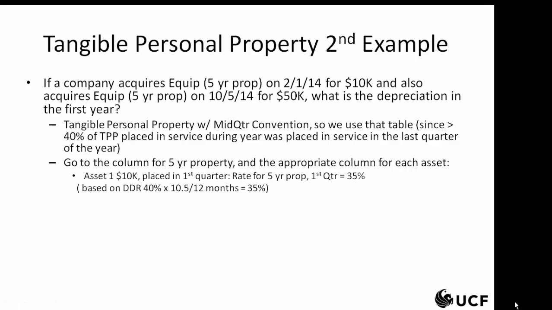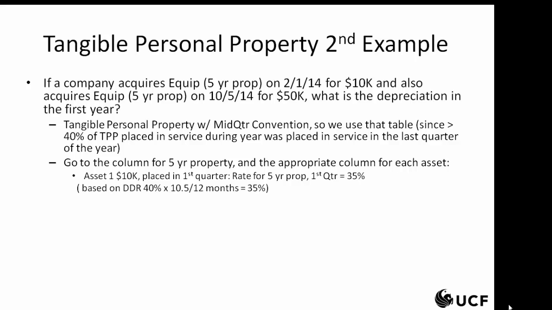For asset 1, the $10,000 asset, which was placed in the first quarter, we look in the table and the rate for 5-year property, first quarter property, is 35%. Where that was calculated from was our double declining rate, remember, for 5-year property is 40%.